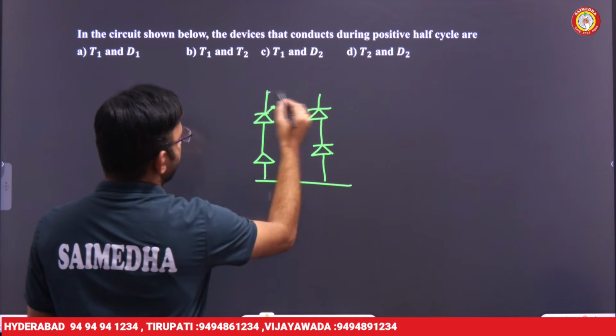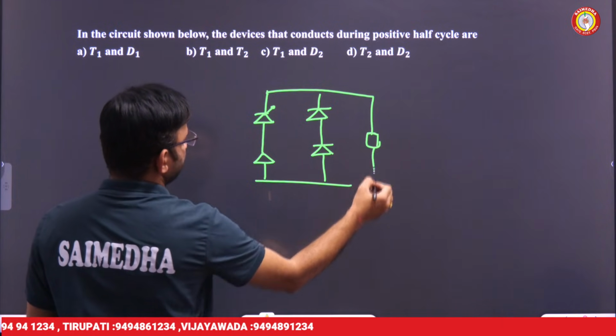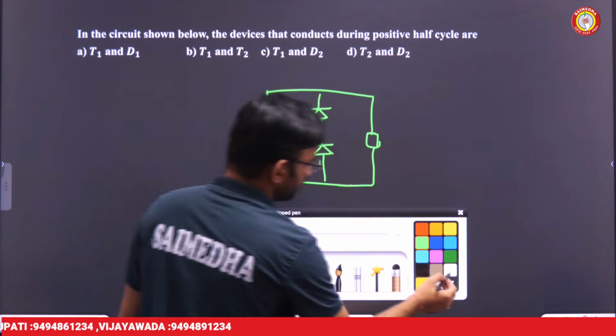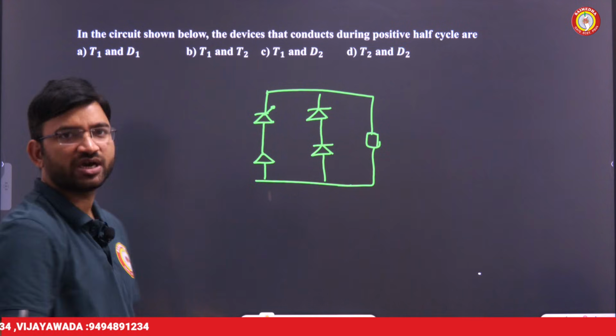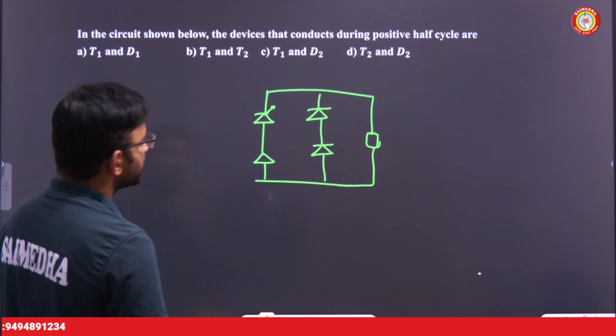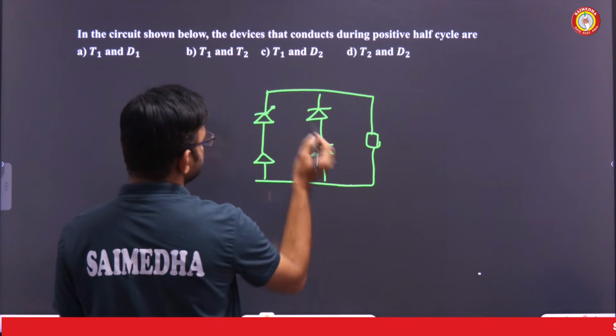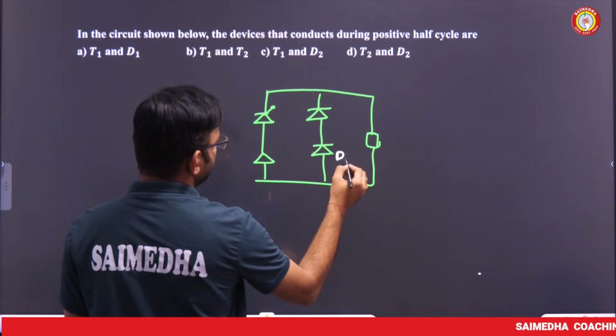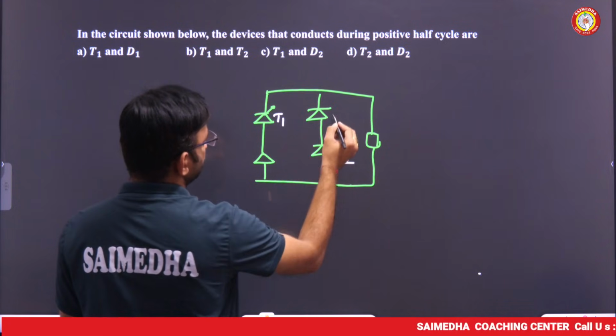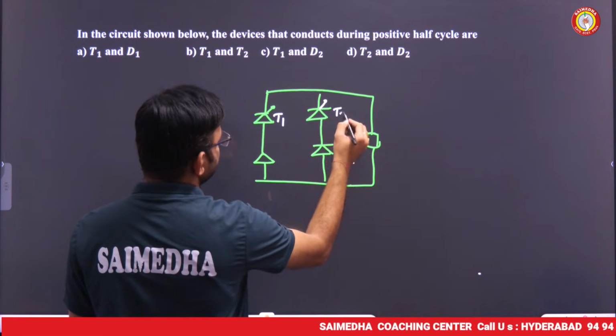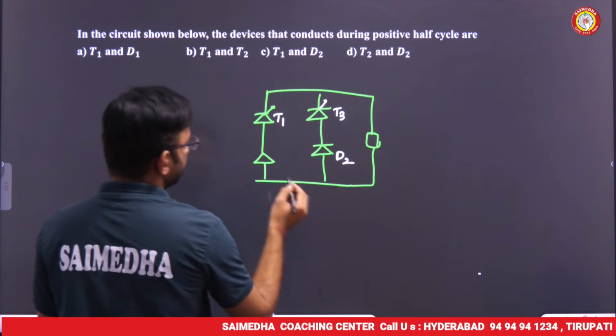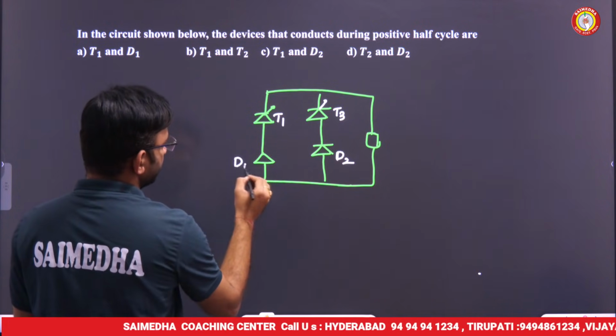This is our half controlled rectifier. During the positive half cycle, meaning 0 to pi, I am considering this as thyristor T1, here D2, here thyristor T3, and I am considering this as D4.